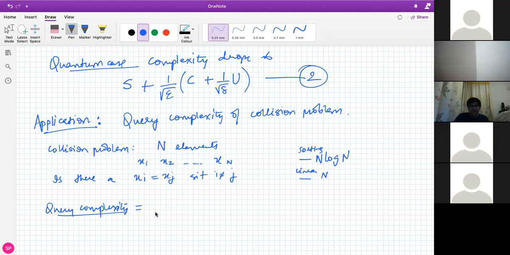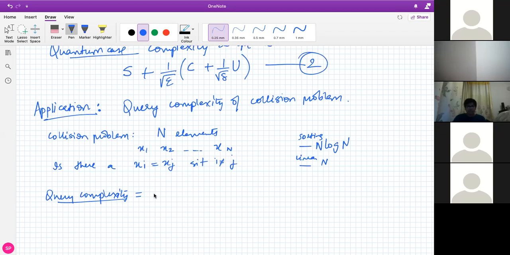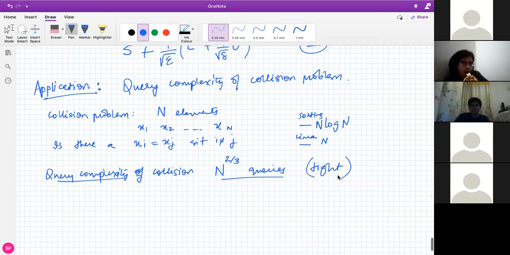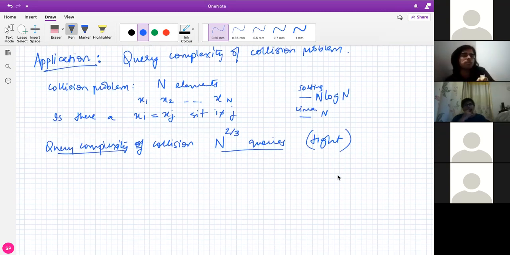So the query complexity of any function is not going to go beyond n, but it can be sublinear. And in our case, we will show in the quantum case that the query complexity of collision can be done in n to the power 2 by 3 queries, which, by the way, is tight because there's a matching lower bound, which is a result of some other paper, which I don't know yet how to prove.